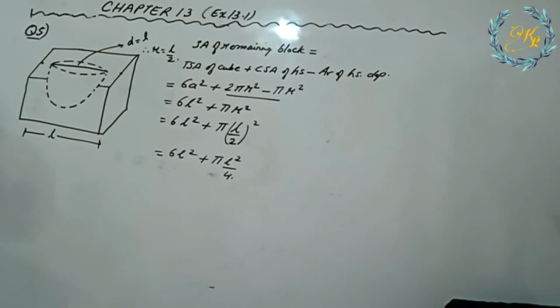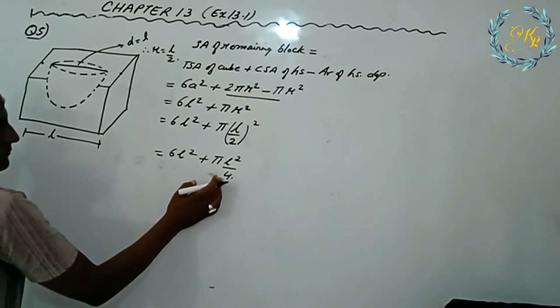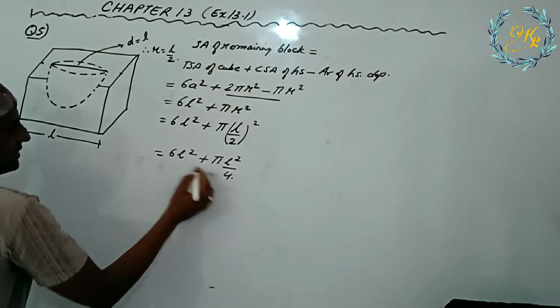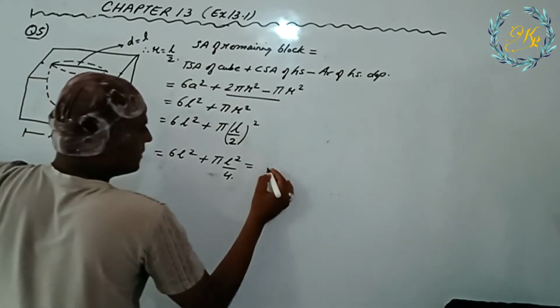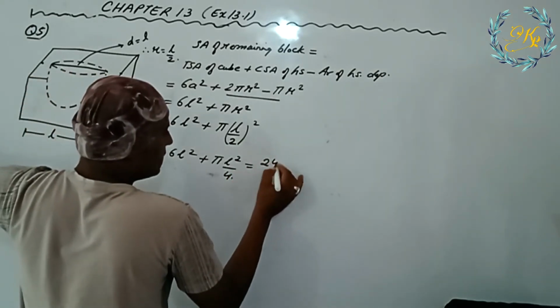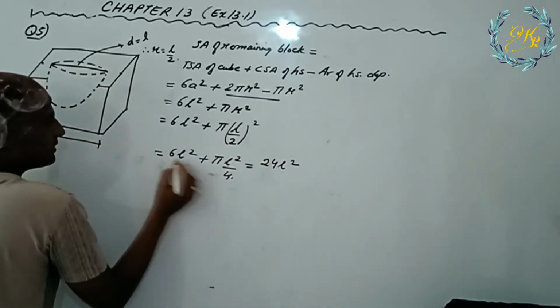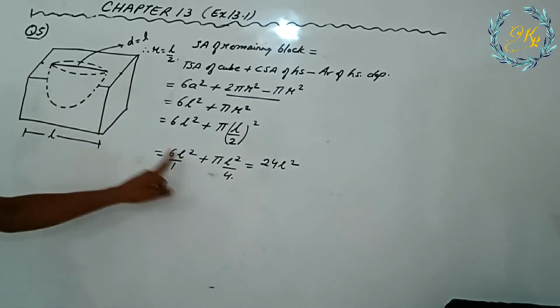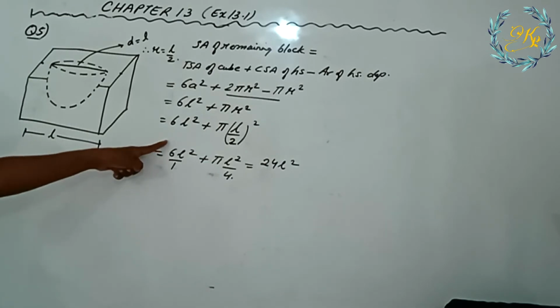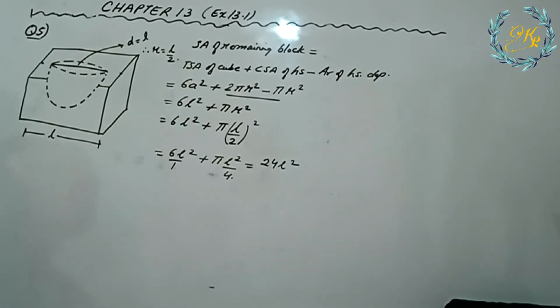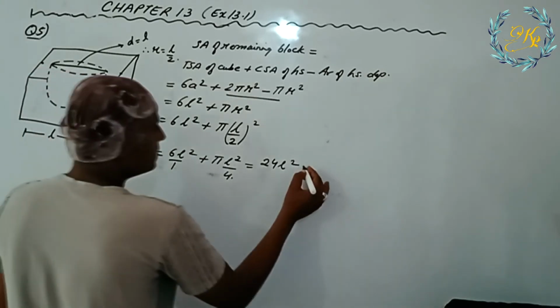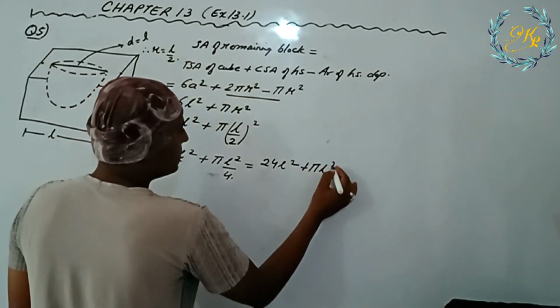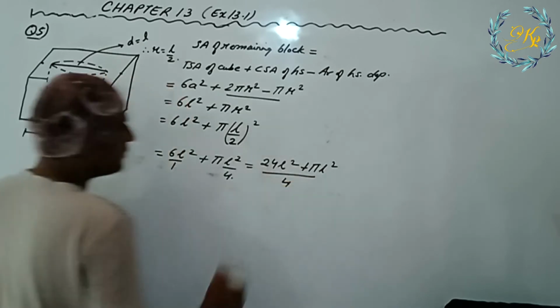Taking the LCM, we get 24 L square, because one is a fraction and this is a whole number. 6 4s are 24 L square, plus pi L square upon 4.